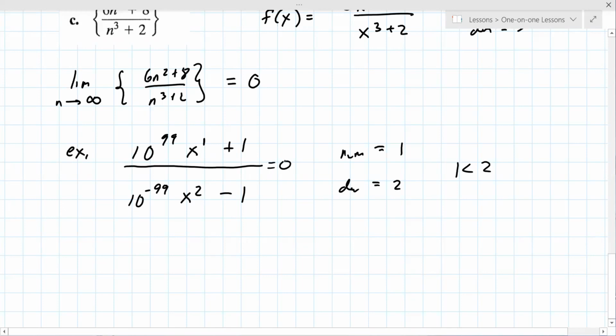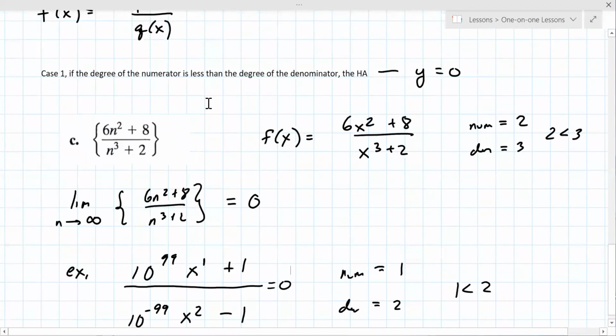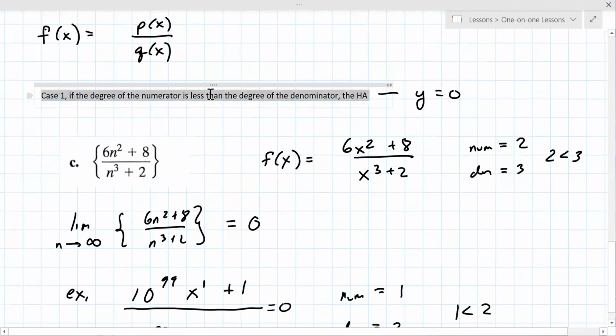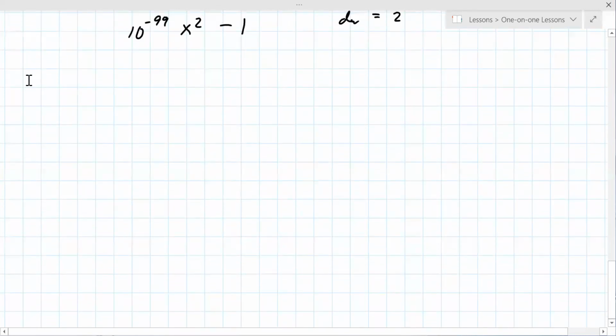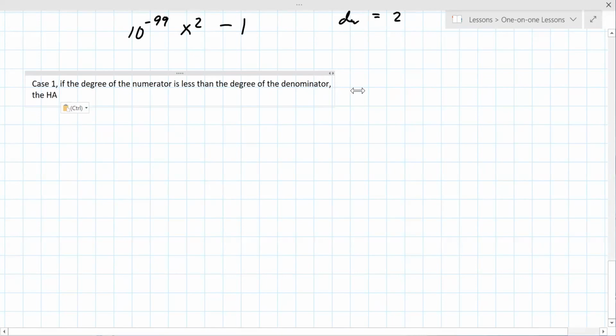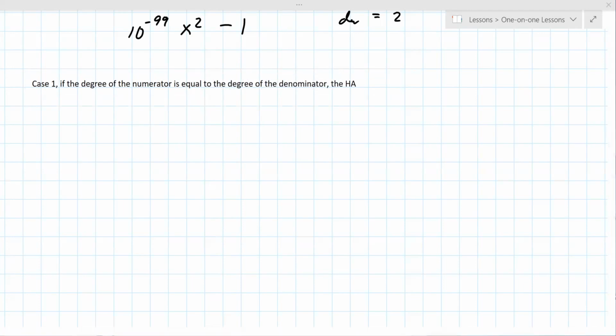Okay, so then case number 2 is when the degrees are equal. And would that be B? Yes.